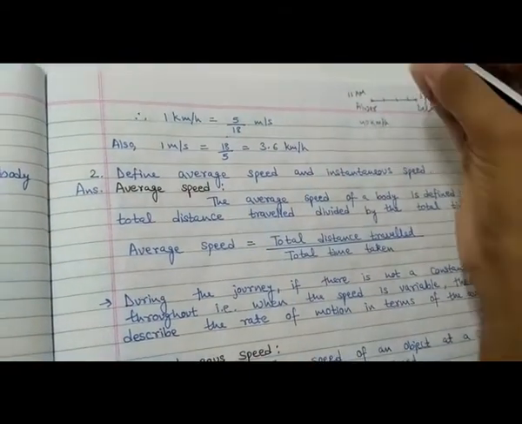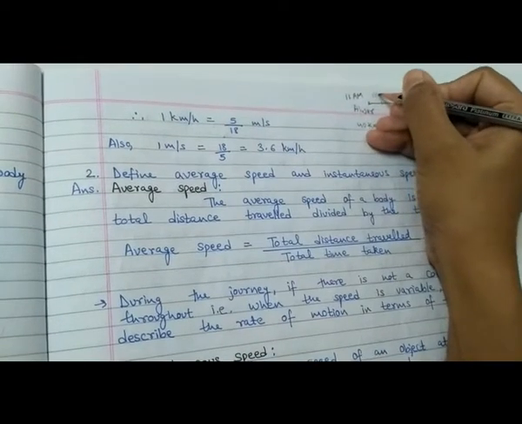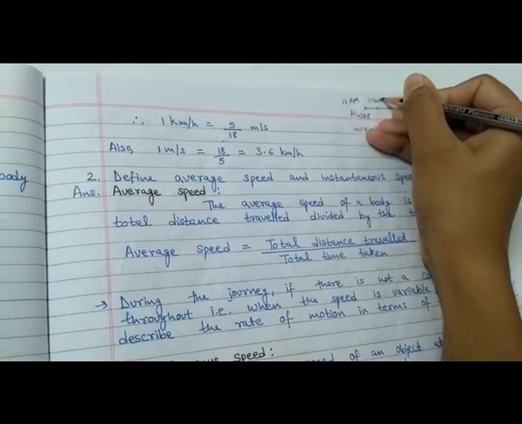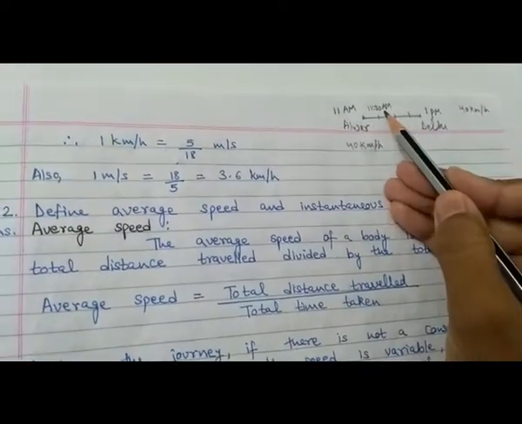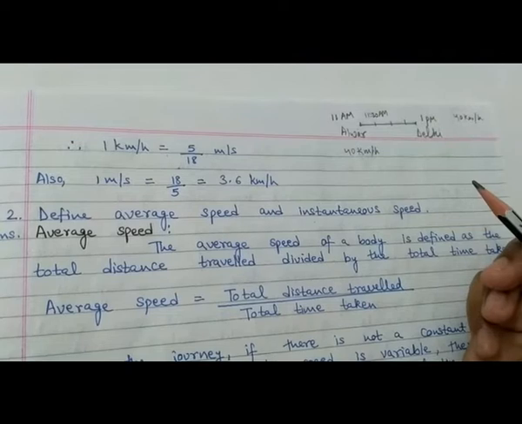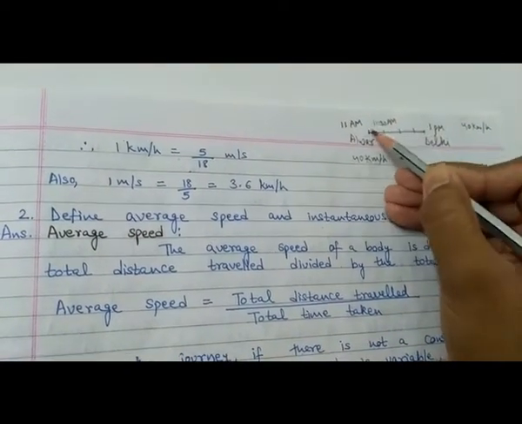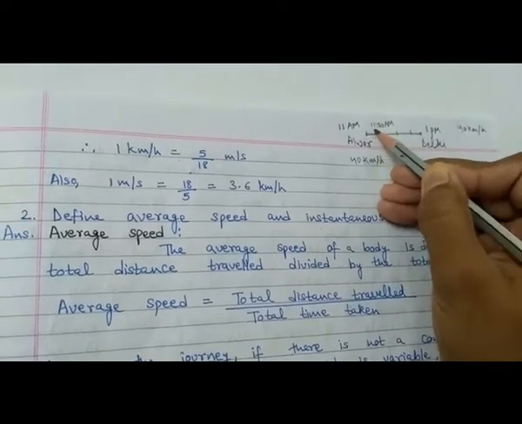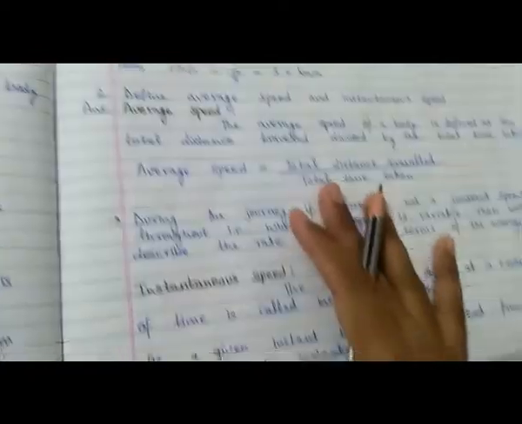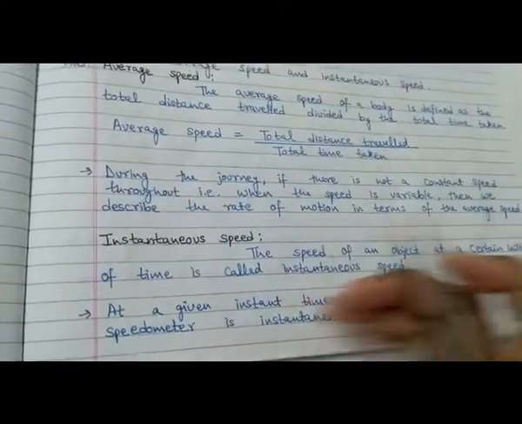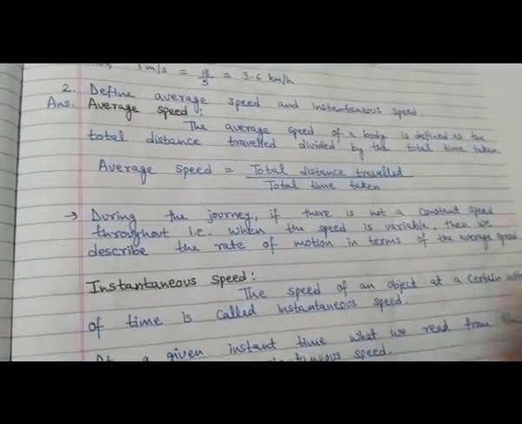Now, if somebody asks you what was your speed at 11:30, see, what was your speed at 11:30 means what was your speed at this instance of time, at this particular time, what was your speed of your car? Then we have to tell that our instantaneous speed.